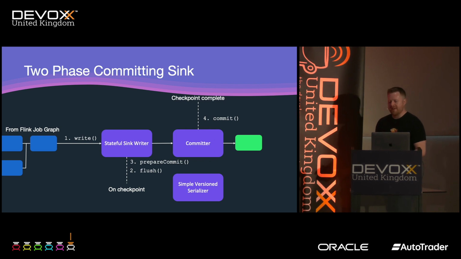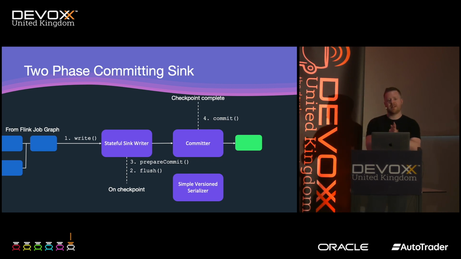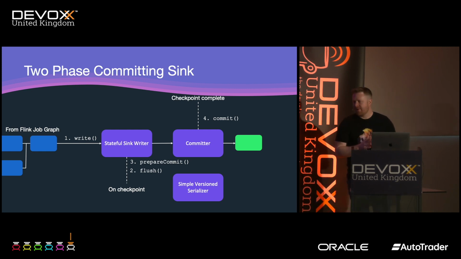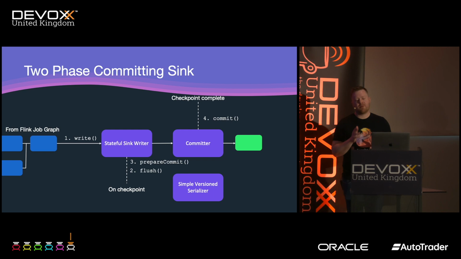So what this means is that the way it works is Flink has checkpoints, and checkpoints are started and completed on an interval. At the start of processing, you would open a transaction, for example. During the processing time, you would write into this transaction, and then when the checkpoint is complete, you would close this transaction.